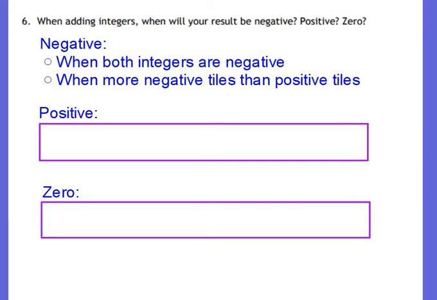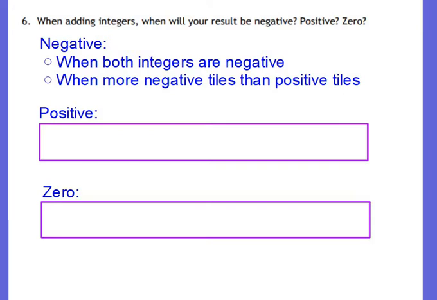This is number 6. When both integers are negative, or when there are more negative tiles than positive tiles. So raise your hand. How could I get a positive result? Brady?